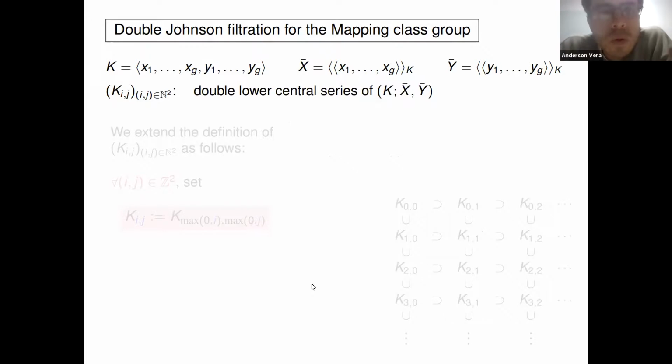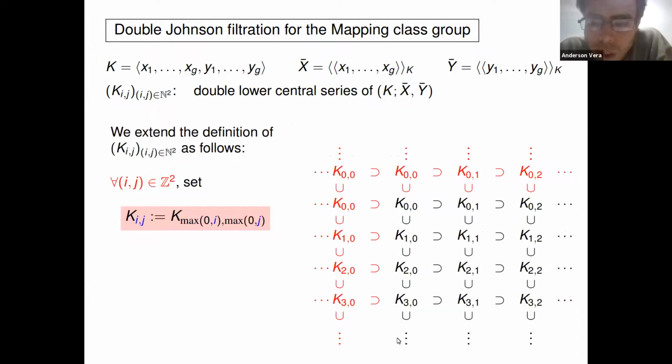And now we want to extend this double filtration of the Goeritz group to the whole mapping class group. What we do is that first we extend the double lower central series as follows. Here we have the double lower central series, and we take this column and repeat it an infinite number of times, and we take this row and repeat it an infinite number of times.